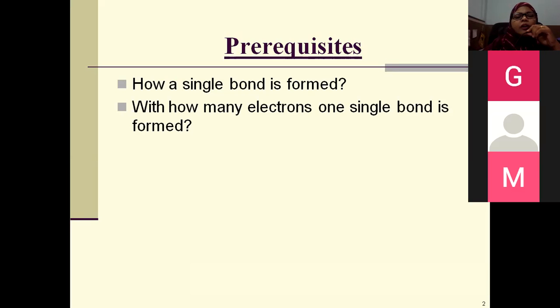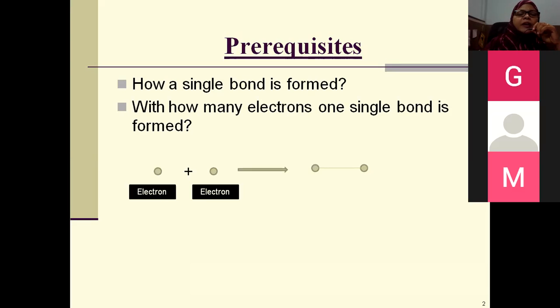Here this is one electron, this is another electron, and they both combine together to form a bond. So two electrons are required to form a single bond. Now, what is the type of this bond?